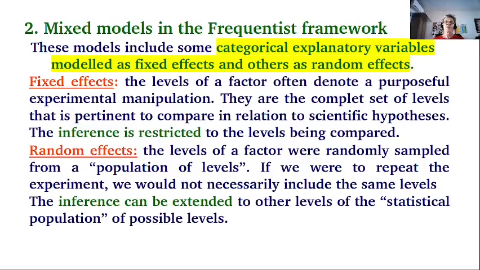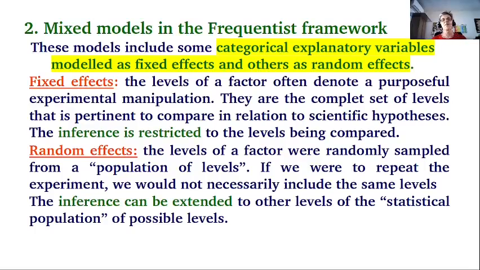In this case, the sampled genotypes, these are categorical explanatory variables, we use as a means of controlling the effects of this variable on the response variable so as to simplify it and obtain more precise estimates of the parameters for those variables modeled as fixed effects.